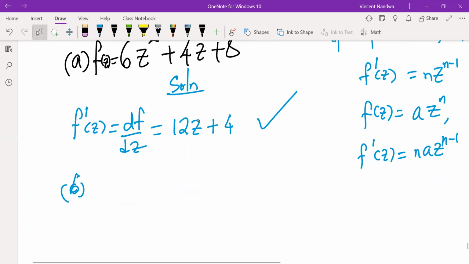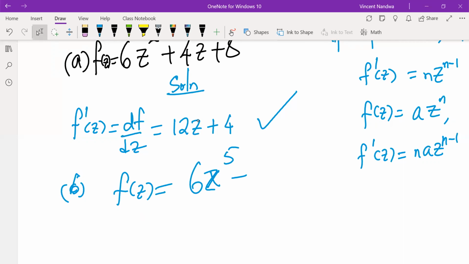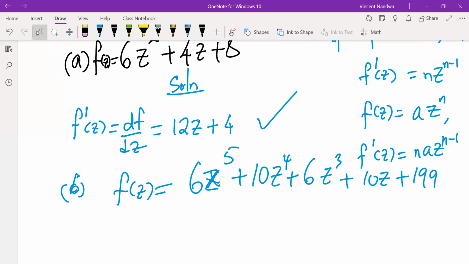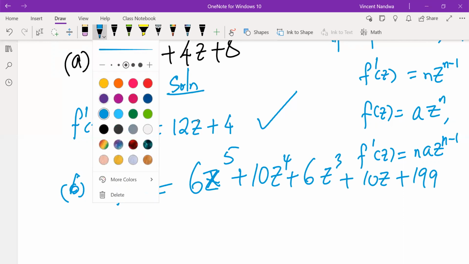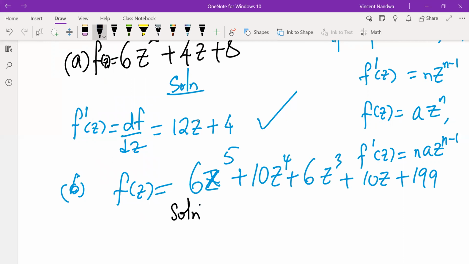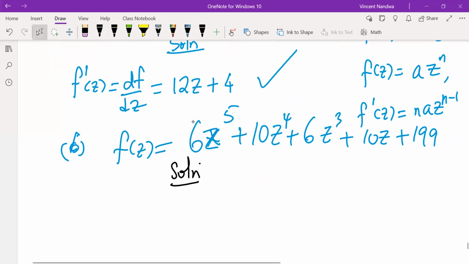B, f of z equals 6z power 5 plus 10z power 4 plus 6z power 3 plus 10z plus 99 plus 199. Similarly, it's the same way we deal with real valued functions.